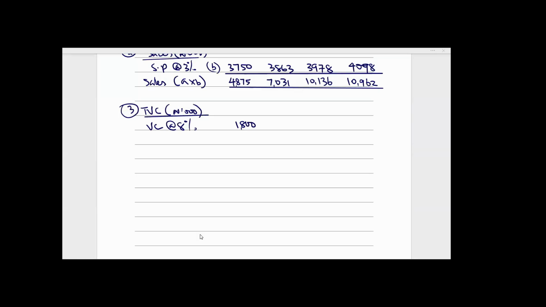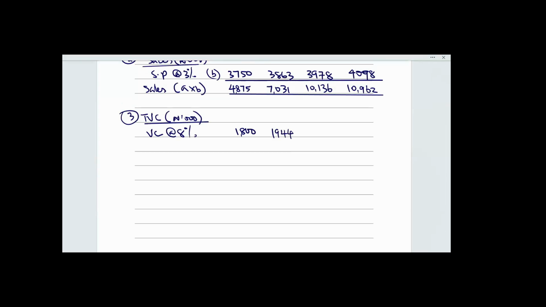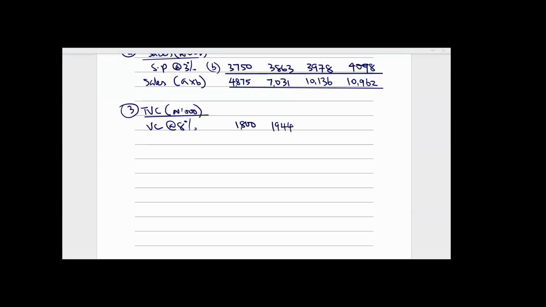That's 1,944. What you have in your calculator, multiplied by 1.08, equals 2,099.52. That's 2,100. What you have in your calculator, multiplied by 1.08, equals 2,267.